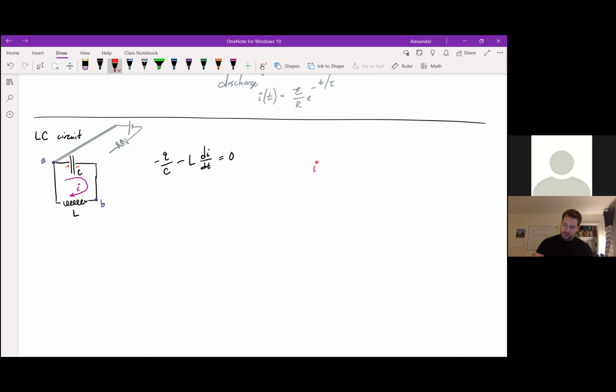The current is, by definition, the rate of change, the passage of charge. So we can express the instantaneous current as the rate of change of charge on the capacitor. As those charges move through the circuit, the capacitor discharges. So that means di/dt is actually d squared q over dt squared.